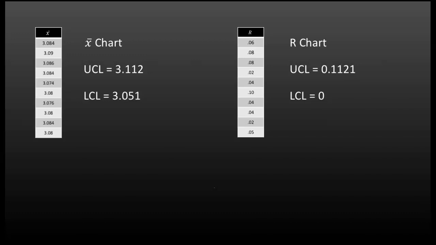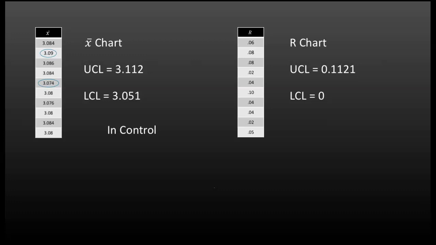We need to make sure that none of our X bars are higher than our upper control limit or lower than our lower control limit. So when we find the maximum X bar and the smallest X bar, we see that all of our X bars are within these two limits, which means it is in control.